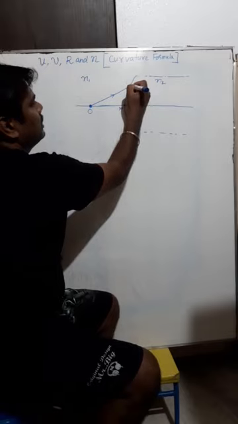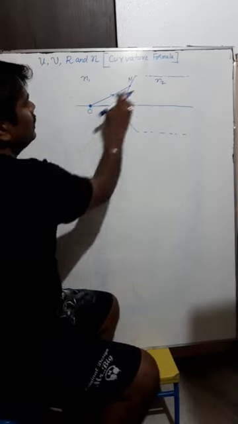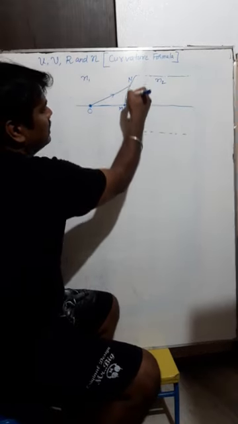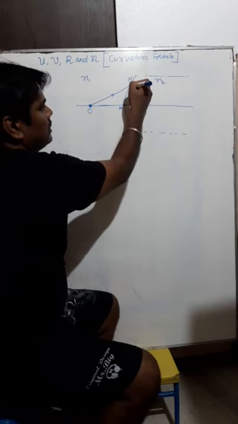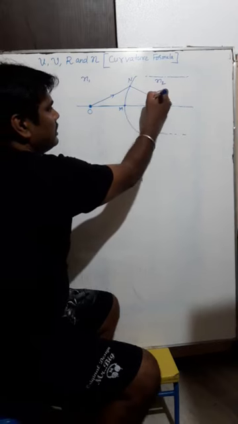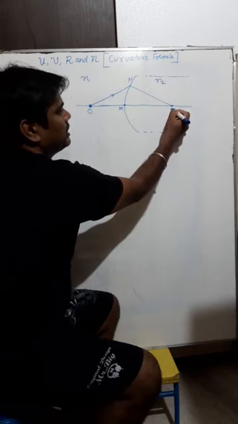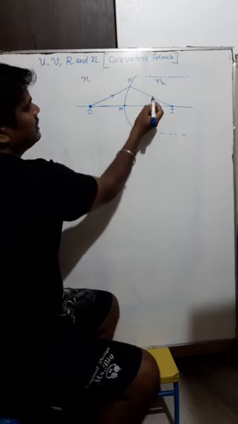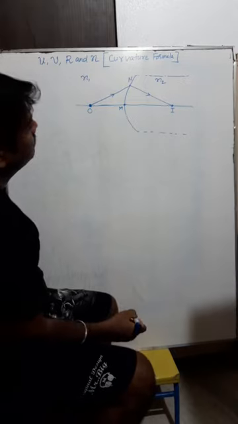Let us treat this point as N. ON is considered the incident ray. After refraction by this curved surface, the light travels towards the principal axis and meets at a certain point where the image is found. Let us call the image I. Since it is a ray, one should compulsorily draw the arrow here.